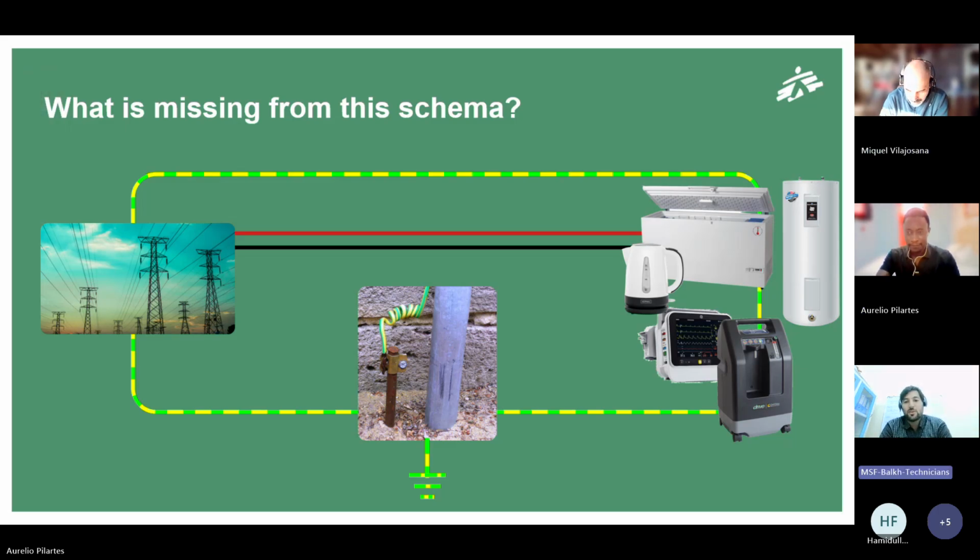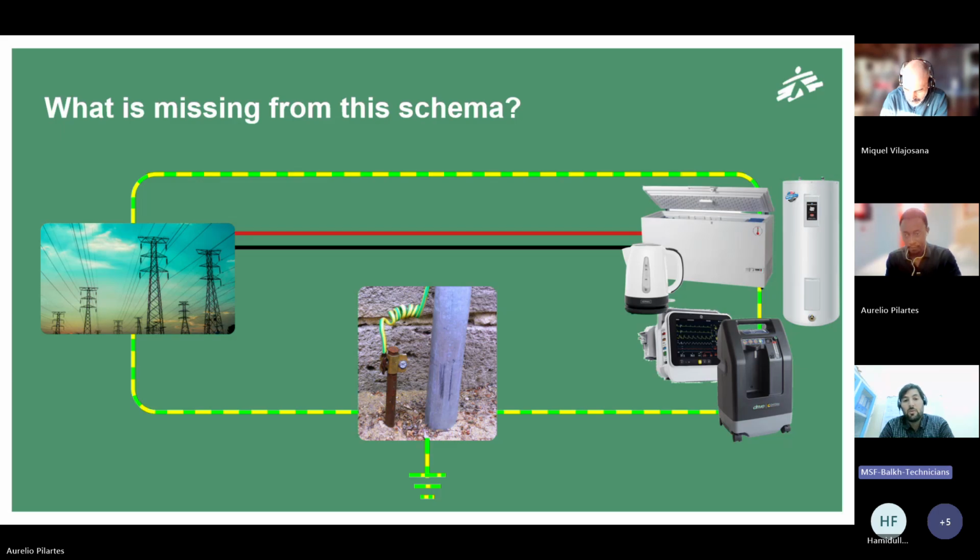At first, sir, there is no distribution board seen in this schema. The distribution board has safety breakers like SPDs and also RCD breakers. We didn't see them here, and also we need to protect our cold chain from the electrical fluctuations.